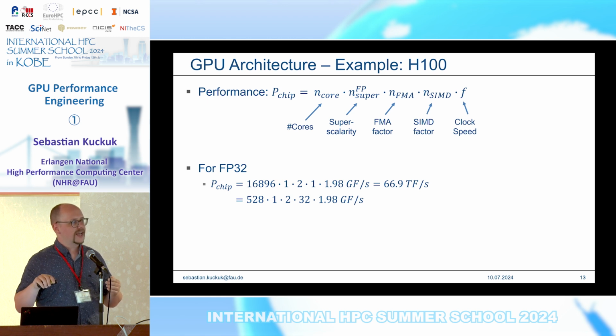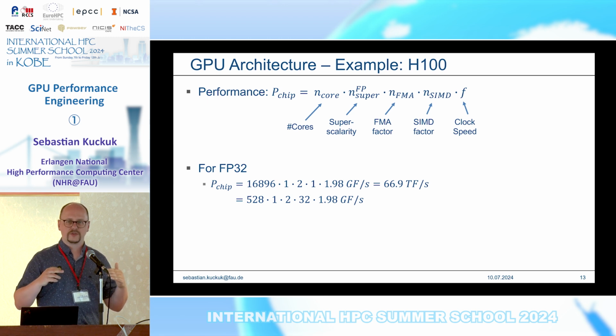Now we have different ways of viewing the execution on a GPU. Either we take the full amount of cores that we just calculated on the slide before, so 16,000 or 17,000, and each of them can do one FMA at around 2 gigahertz, and this results in around 67 teraflops. We could also take a more SIMD-focused view, a bit more technical.